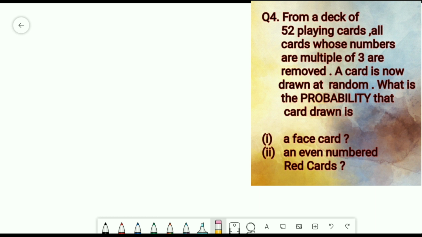So in this question we have removed a few cards. So basically we have 52 cards, out of which 26 cards are black, and out of 26 we have 13 cards of club and 13 cards of spade. And in 52 cards we have 26 cards of black color and 26 red colored cards.